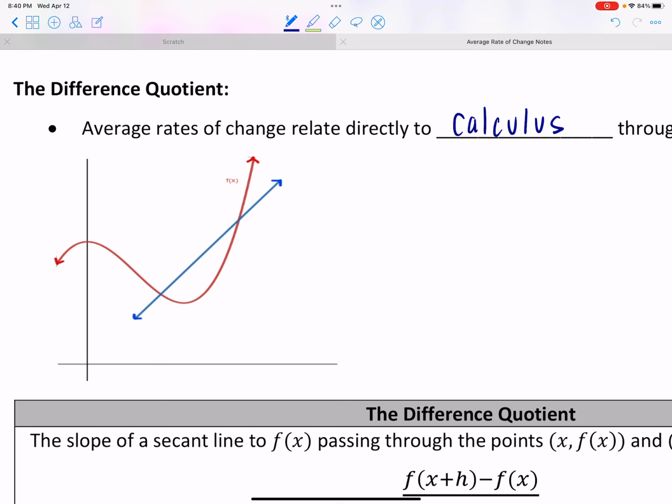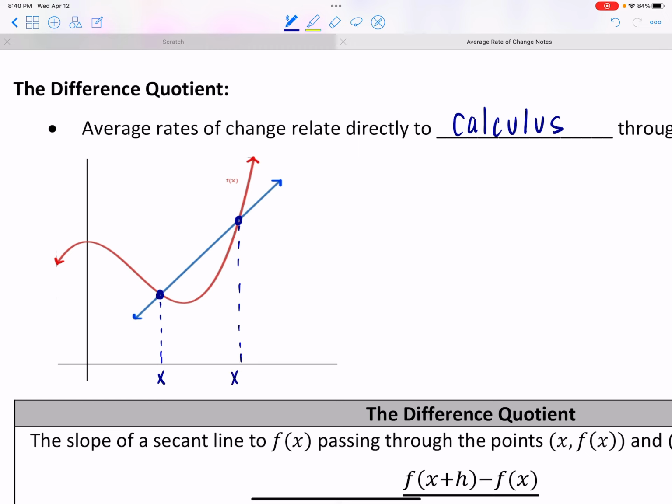So we're still looking at a secant line crossing through the curve here. We're still using the slope of that secant line to approximate the slope of the curve on some closed interval. But we're going to say this point has an x value of x. And then the second point here is just that x value you started with plus some distance.